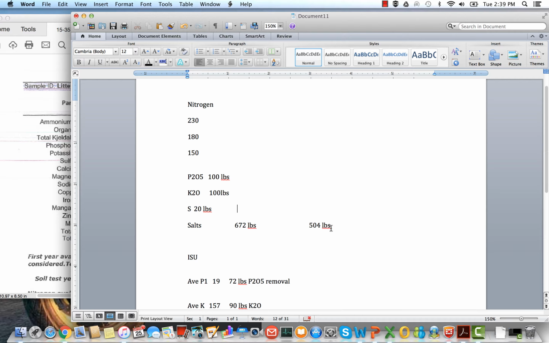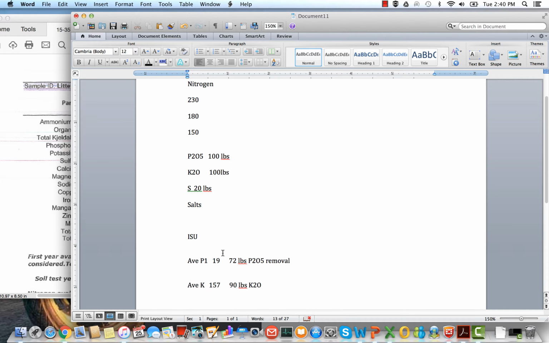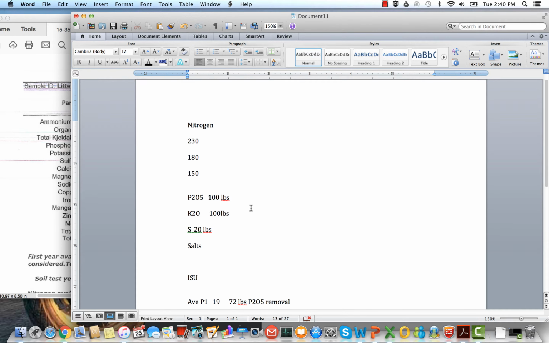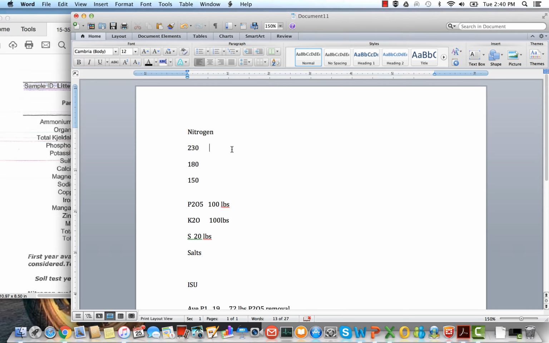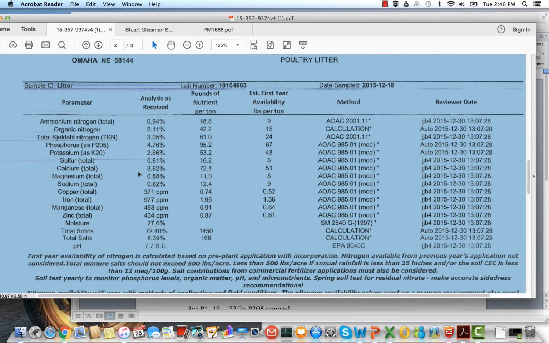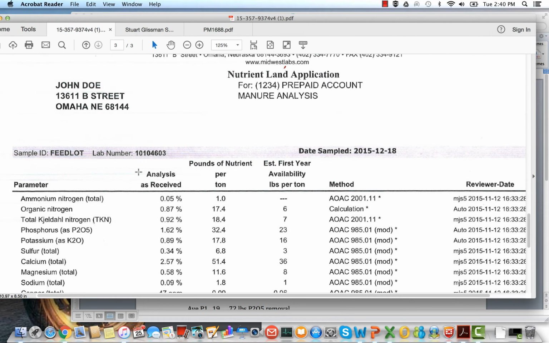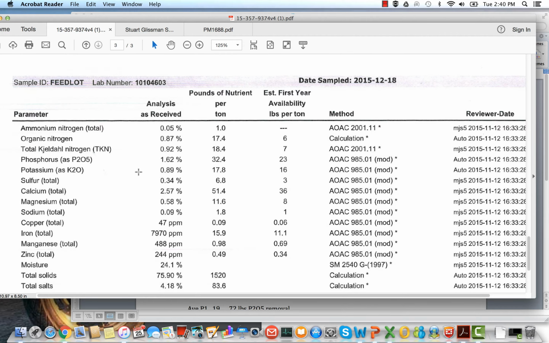So we still have our Midwest Labs rec, our own rec, and our Iowa State rec for nitrogen. We still have a Midwest Labs rec for phosphorus, potassium, and sulfur. We still have salt concerns, and then the Iowa State recs here. Those are the things we're comparing this to. So the last fertilizer product is feedlot manure.